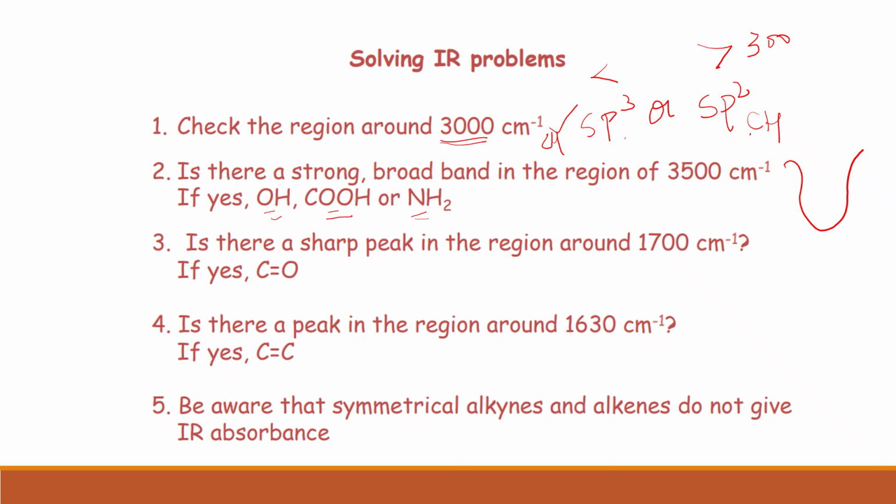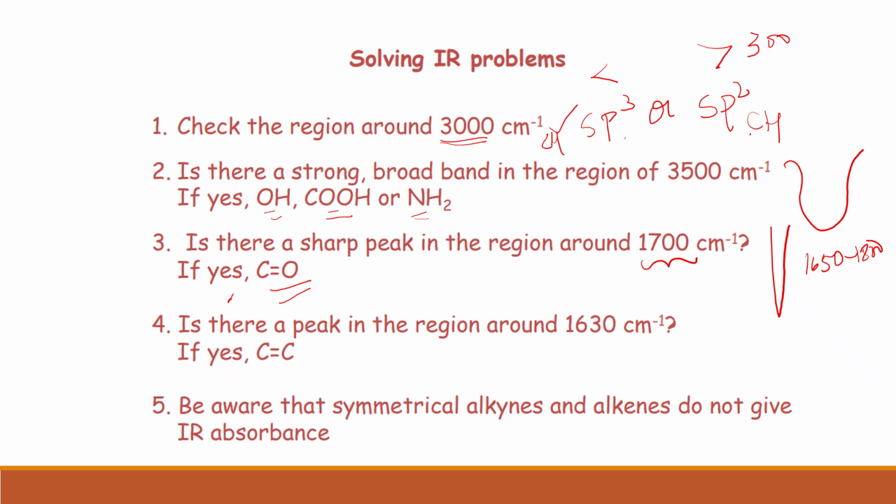Then, to say whether there is a C double bond O, let's look for a peak around 1700. We need to see a nice, beautiful, sharp peak anywhere between 1650 and 1800. So let's call it around 1700. If yes, then there is a carbonyl peak.